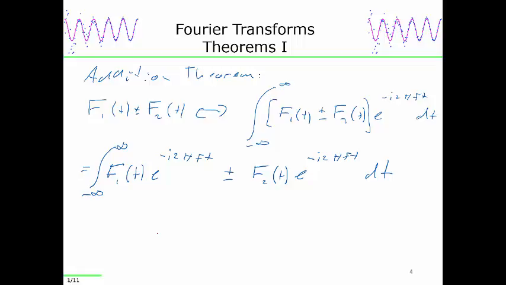So what can I do? I can do this, as a sum of 2 integrals. You can separate out those 2 integrals. Which is now phi1 of f plus or minus phi2 of f. Very satisfying, isn't it?